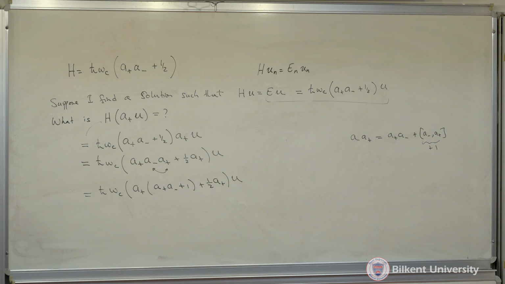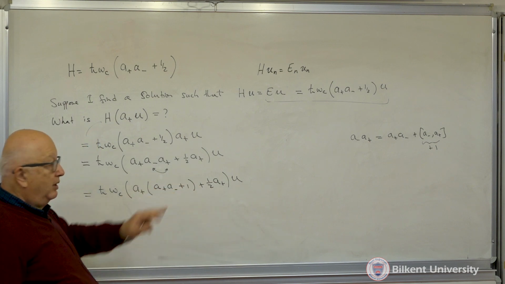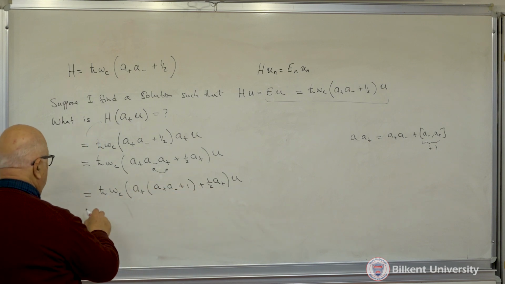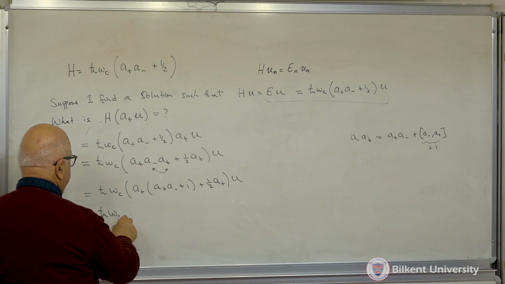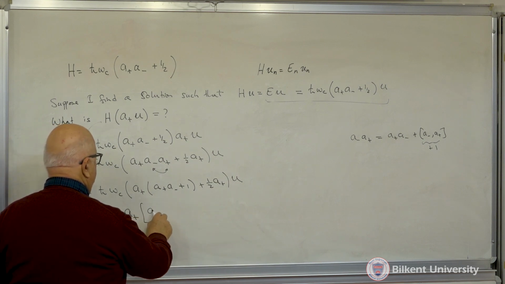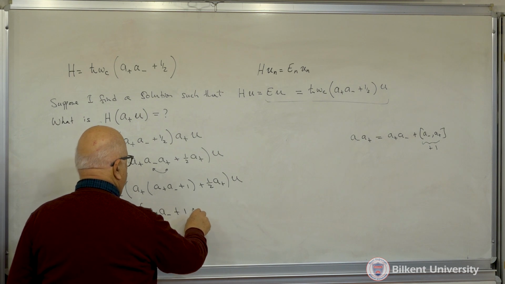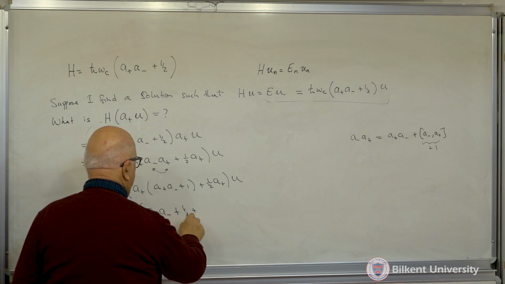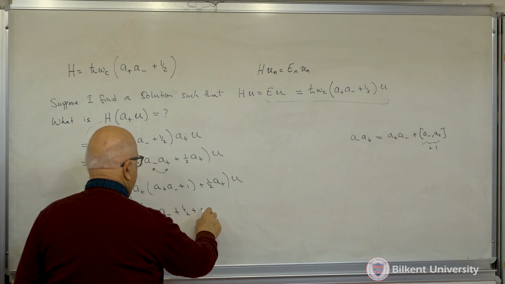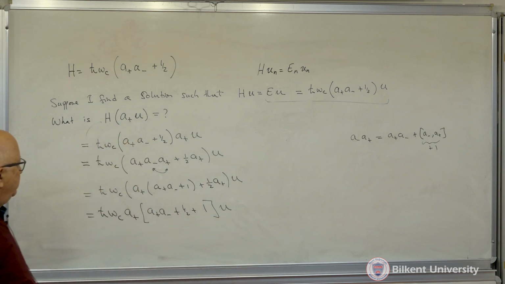All right. So now I have an a plus on the left multiplying everything, so I can factor that out. h bar omega c, a plus, then I have an a plus a minus, plus 1, plus, let me write the 1/2 first, 1/2 plus 1 operating on u. So all I did was I just factored out this a plus.